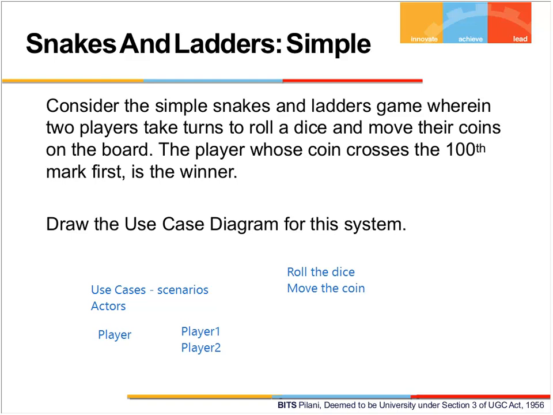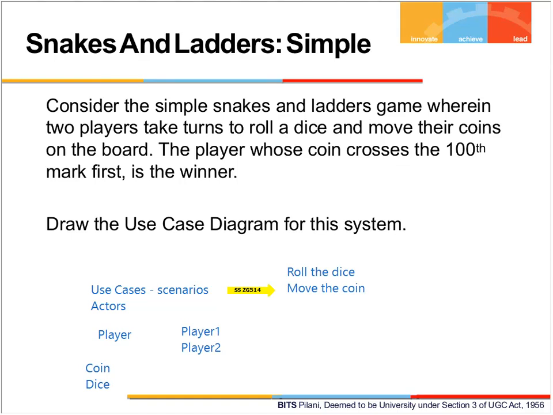Given this case study, there are only 2 use cases. One is roll the dice, the other is move the coin, right? What can your players do with the system?